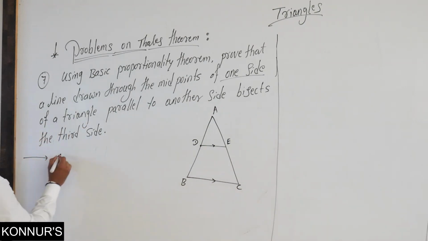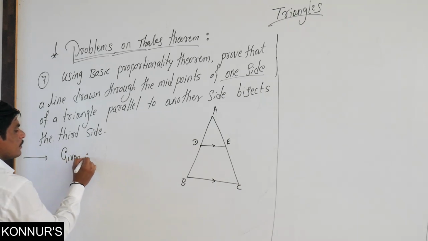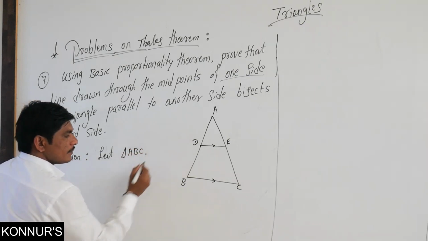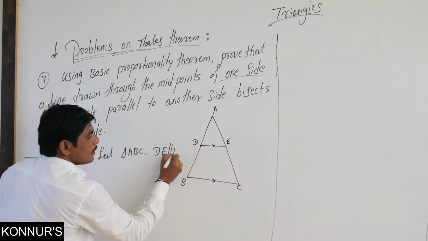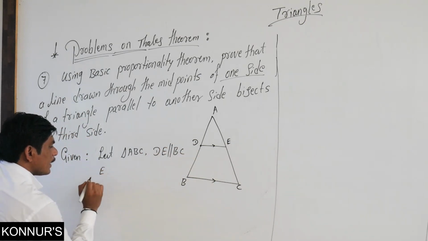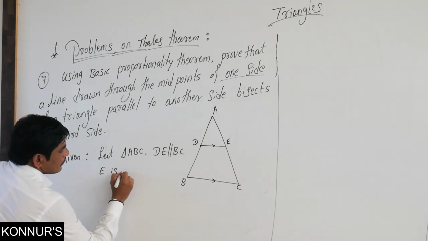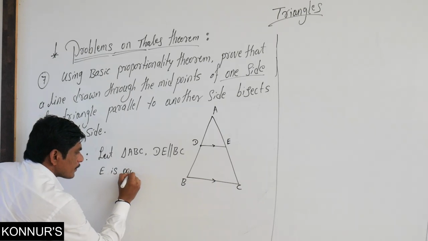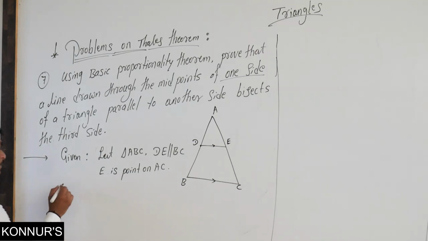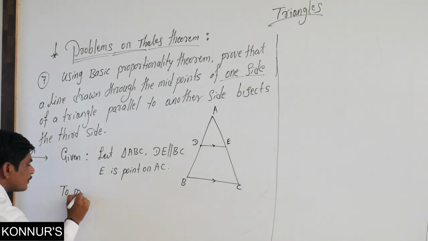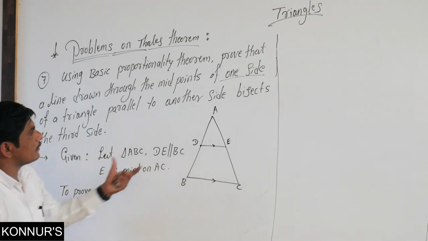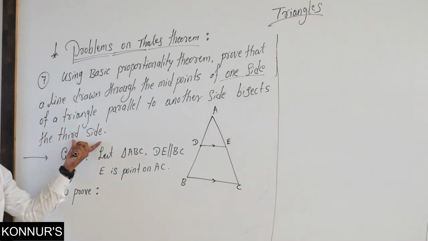Now, first you write the given points. Given, let triangle ABC, DE is parallel to BC is given. E is a point on AC. And the next one is to prove. This result is also in the given statement: bisect the third side.